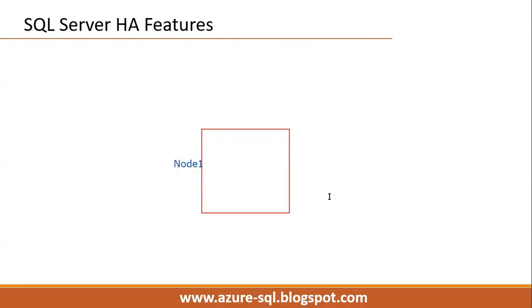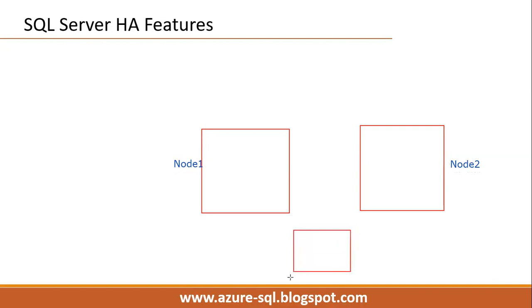We can have multiple nodes, but a minimum of 2 nodes, or 2 servers, are required for us to set up a cluster environment. This is node 2. Our databases are sitting in the storage area network. All our database files are here in the storage.